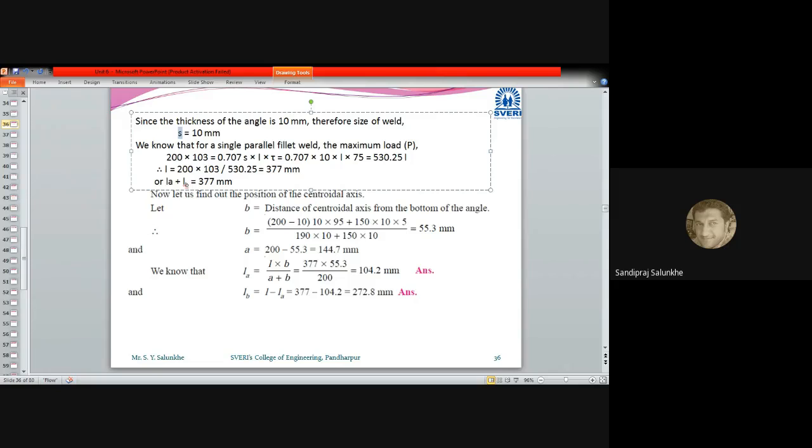Is there any problem? Sachin Kengar. Sachin Kengar, can you unmute yourself? Hello, Sachin Kengar. Can you unmute yourself? What is your roll number, Sachin Kengar?